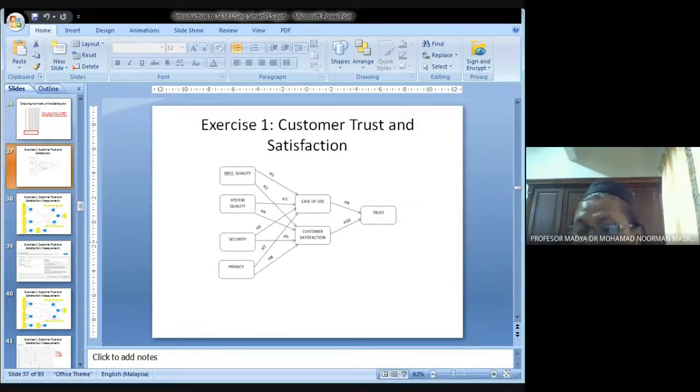So you put, to describe descriptively the rating given by user in terms of trust, ease of use, and satisfaction of the mobile banking services. Remember, no question mark, just a full stop.